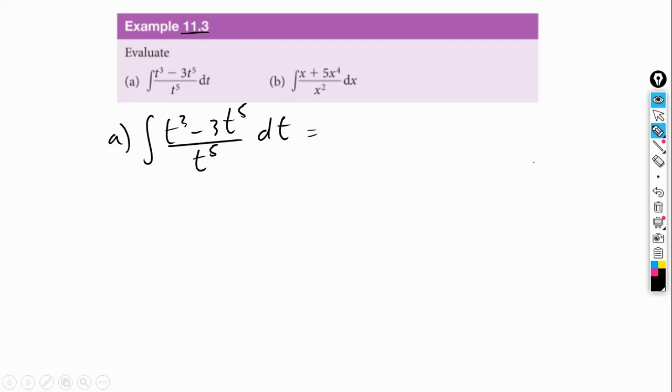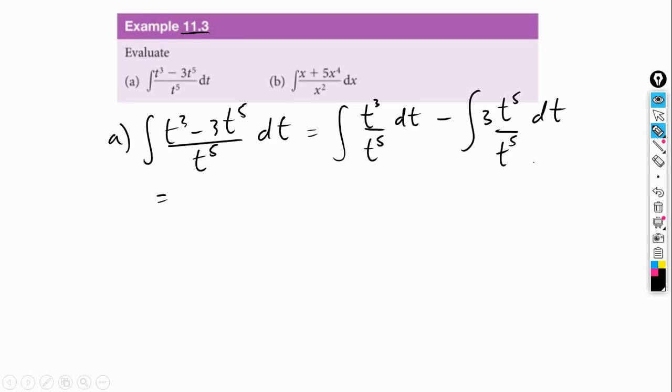Notice that we can rewrite this as the integration of t cubed over t to the 5, minus the integral of 3t to the 5 over t to the 5 dt. And now we can just use basic algebra to simplify this, and we're going to get that this is the same as the integral of t to the minus 2 dt minus, and this will cancel out here, so we're just going to get 3 dt.